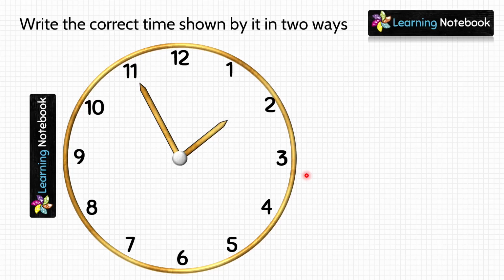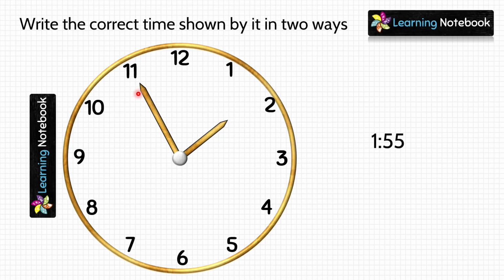Now let's move to next question. Here take a look at this clock. Our hour hand is in between 1 and 2. So hour is 1 and minute hand is on 11. So how many minutes have passed? 55 minutes have passed.